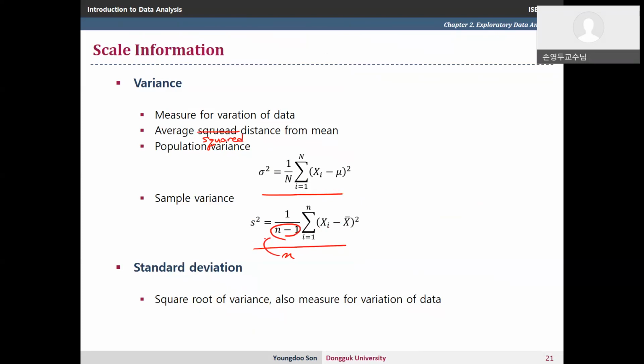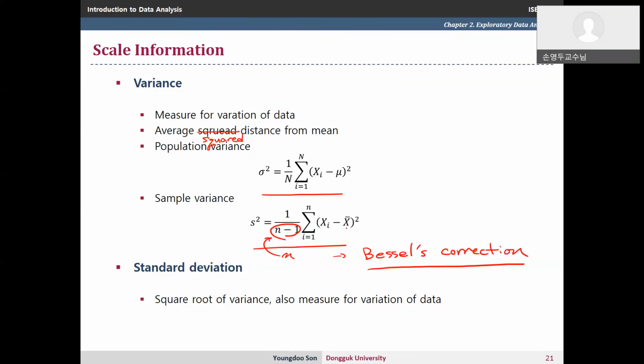This change is called Bessel's correction. Many statistics textbooks explain this with the degree of freedom.